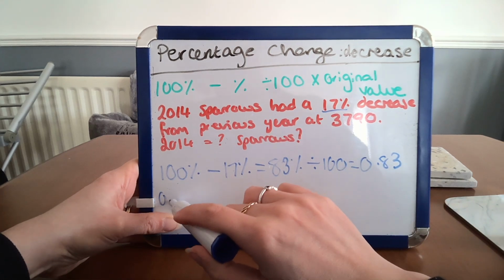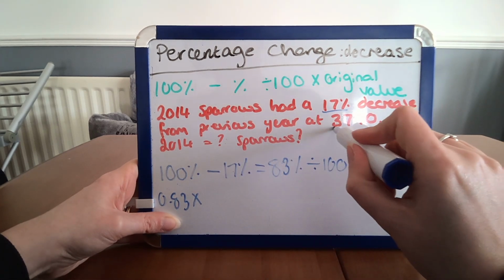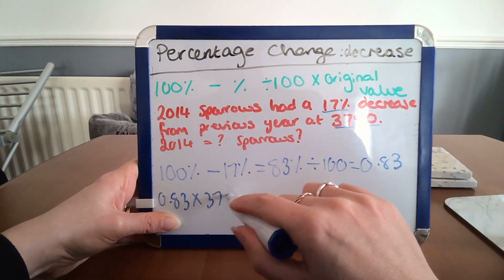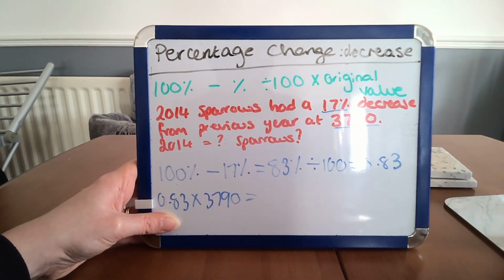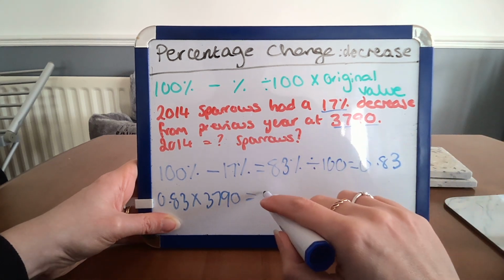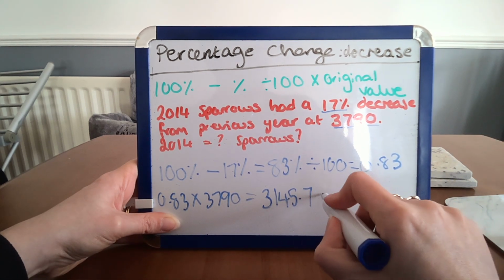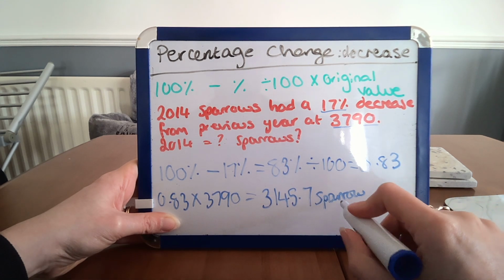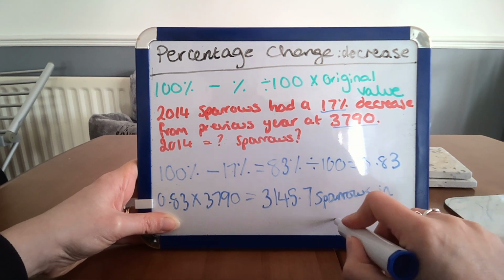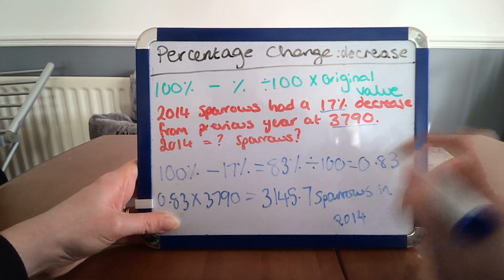Then we take our decimal and we multiply it by the original value, which in this case is 3,790. I'm going to just put that into my calculator. That means that they had sparrows on average, I would say, because you can't get 0.7 of a sparrow in 2014.